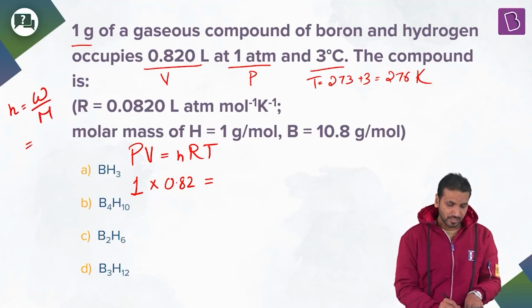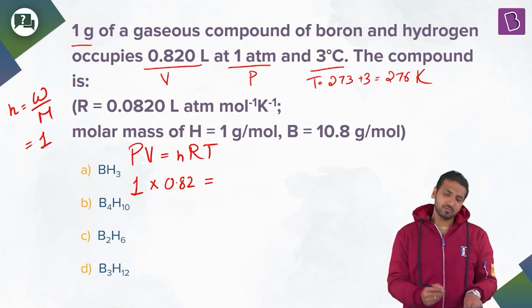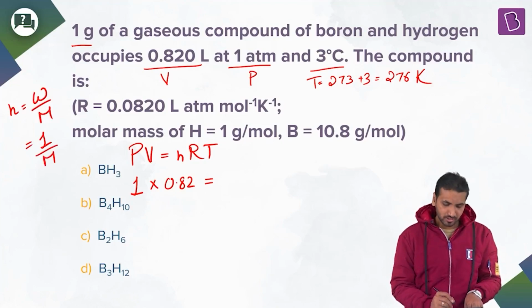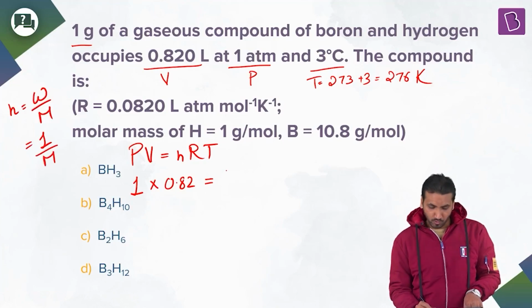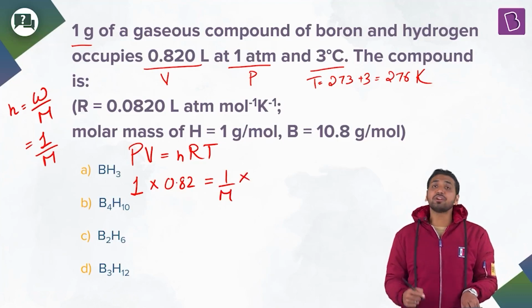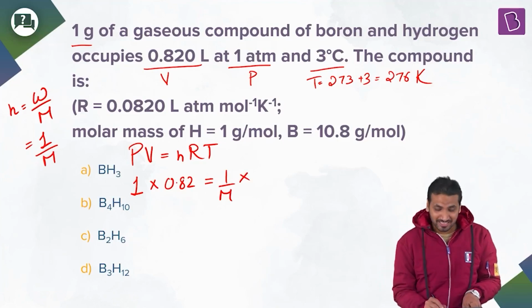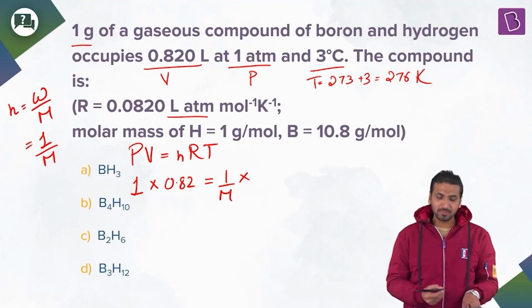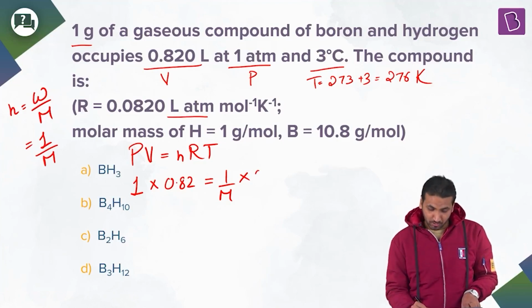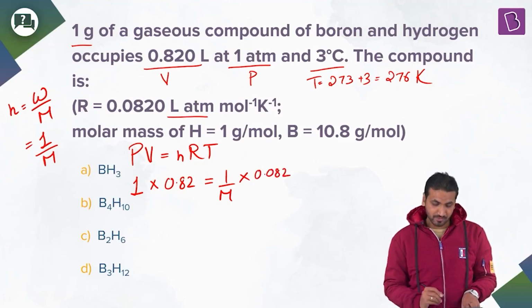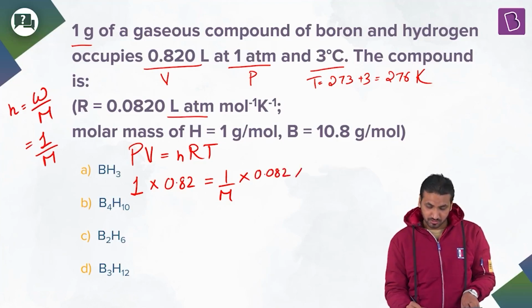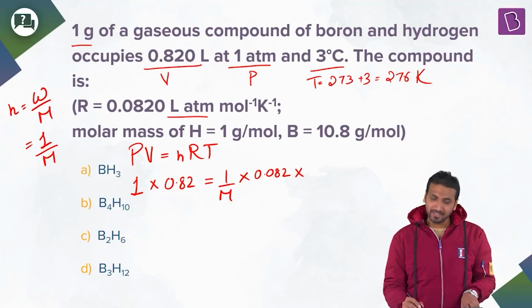Given mass is 1, and let's assume the molar mass of the gas to be M. So moles comes out to be 1 by M. The value of R given to us is 0.082. I can smell some ease of calculation, and the unit is liter atm. So keeping the units of pressure and volume in mind, I'll put it as 0.082 into temperature 276.